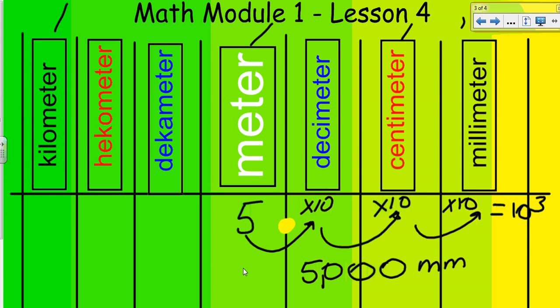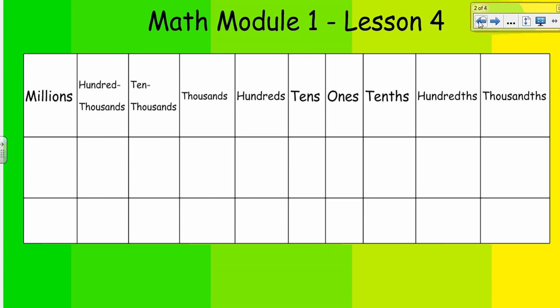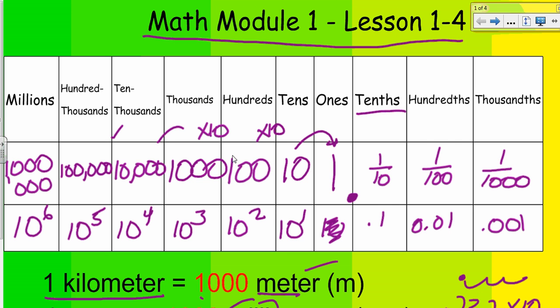5 meters is equal, I should put the M there, to 5,000 millimeters. Now, if we wanted to change that 5 meters into kilometers, just like we learned on our chart here, those powers of 10, when we move to the right, it's like we're multiplying. And when we move to the left, we're dividing.